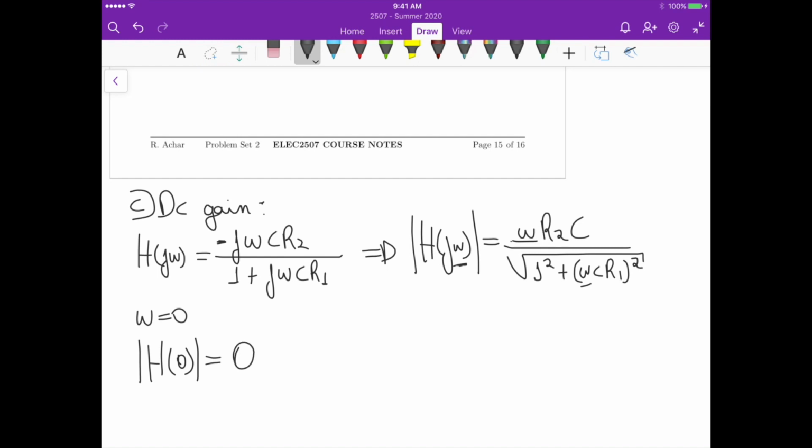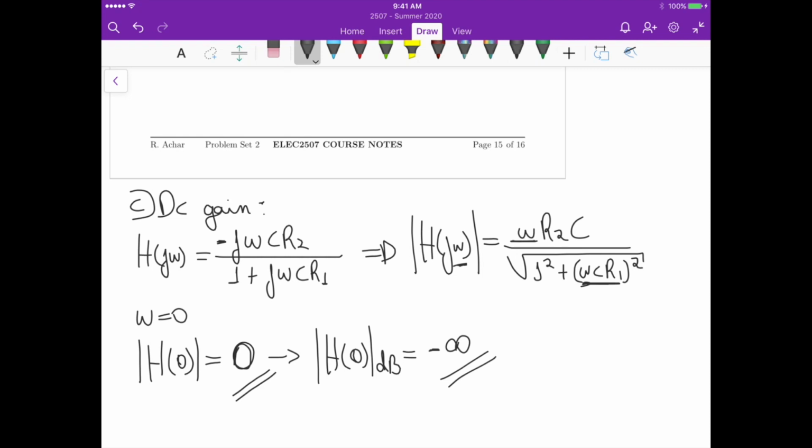It's multiplying omega, so if omega is 0, the gain is 0. And here is just going to be the square root of 1, because this term will 0 out. So it's just 0, which means in dB, the log 10 of 0 is undefined, so we say that it's minus infinity here. So those are the gains at DC.